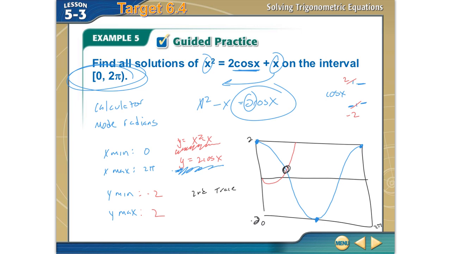And we get an intersection point of x equaling 1.341 and y equaling 0.456. Well, again, the only variable that's in our actual equation here is x. So I just need to know the x value. So my answer is x equals 1.341.